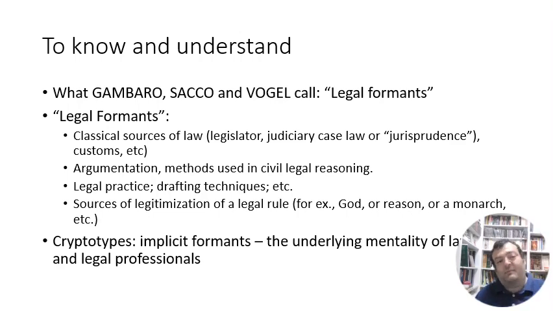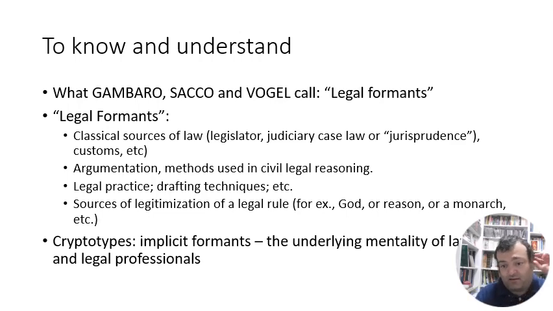Again, I will give the same example. The irrevocable mandate, in the COC, the Code of Obligations and Contracts, we find only 2 articles related to it, while the importance of irrevocable mandate in Lebanese law comes from practice more than from the legal rules. Also, what enters into these legal formants are what legitimizes the sources of a rule.